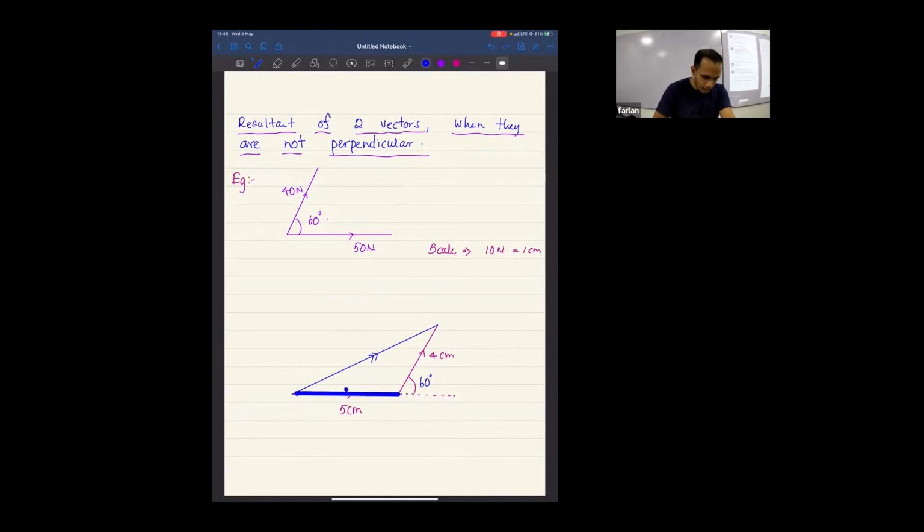From where you have ended that line, at an angle of 60 degrees, you draw a line of 4 centimeters. Then you connect the starting point to the ending point. That will represent the resultant. First, complete the diagram using the protractor.